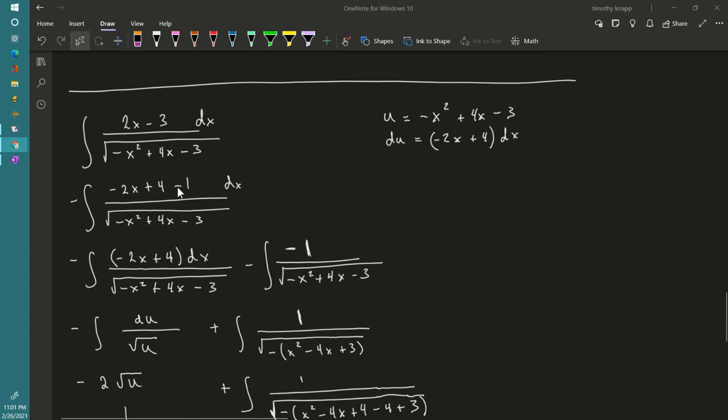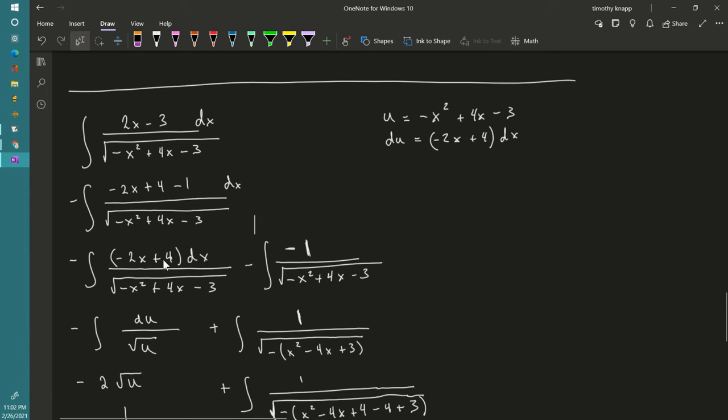This minus 1, I'm going to move over here, separate out my two integrals here, and I'll keep my denominator, right? And the negative also has to go with it, this negative and that negative there, okay? And so now if I use my u substitution over here, du is this thing, a negative 2x plus 4 dx.